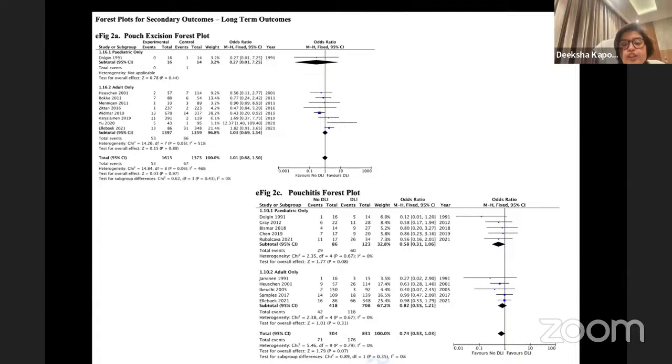But does that actually result in increased incidence of pouchitis or pouch excision, which is the traditional teaching? And it said no. The incidence of pouchitis or pouch excision did not go up even if the patient developed pelvic sepsis because a diversion stoma was not created.